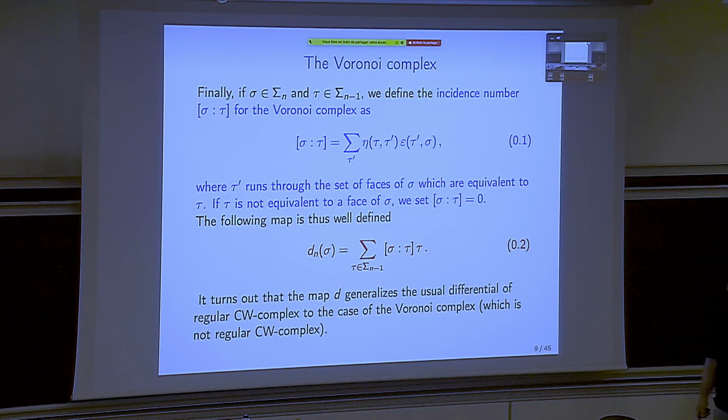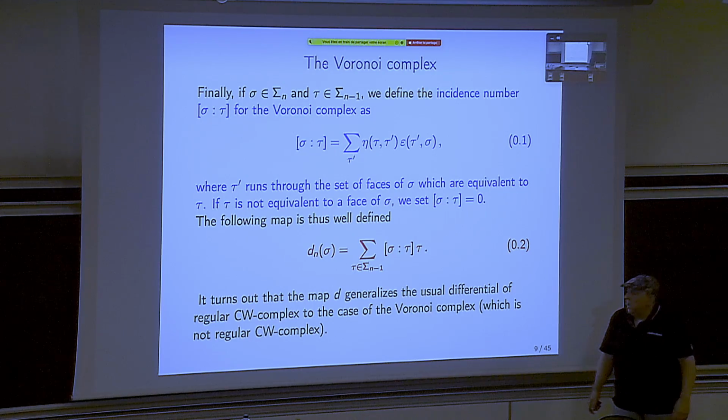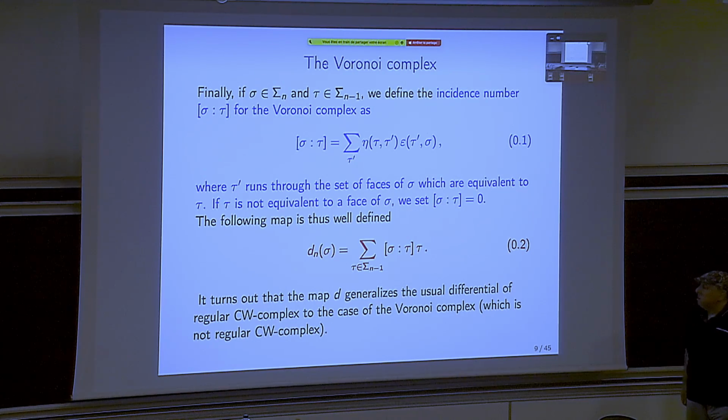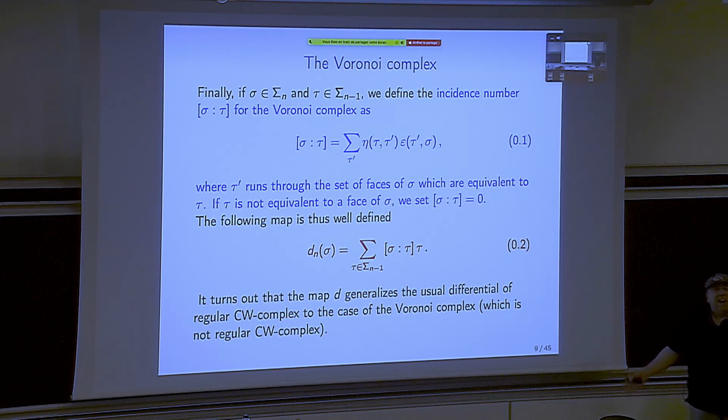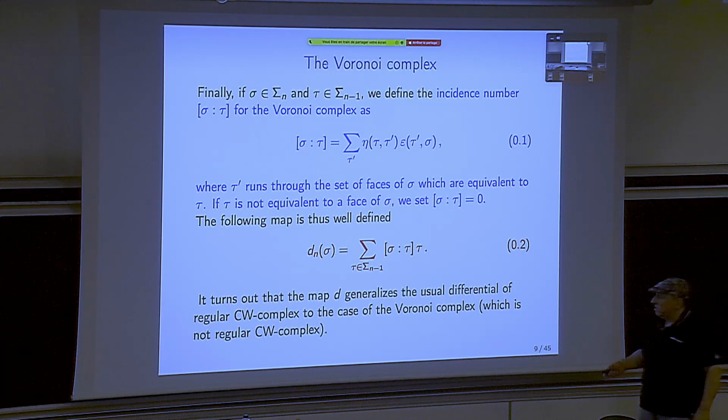So this is well described in standard books of algebraic topology, but they never speak of the situation when you have a group action on a regular complex, of course.